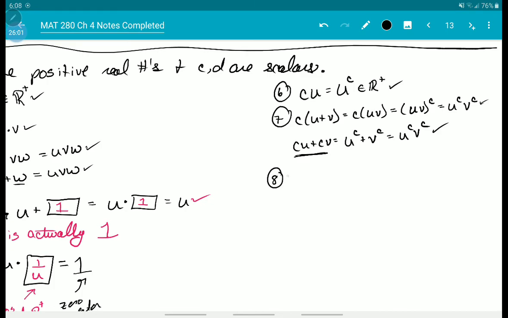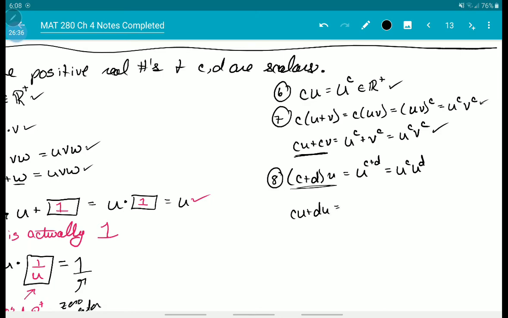Now let's look at 8. So now we are treating this sum as a unit. So that's the same thing as u to the c plus d. Remember, multiplication is exponential. Rules of exponent says this is u to the c times u to the d. Now we want to know, is this equal to cu plus du?